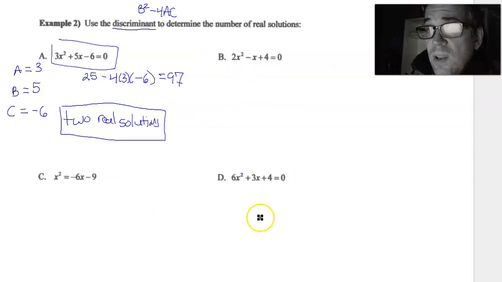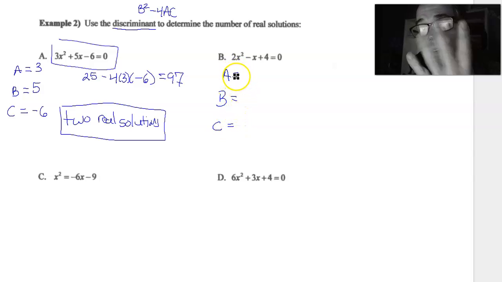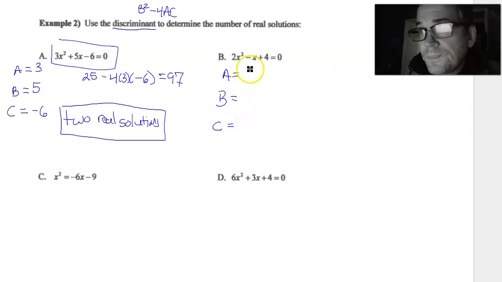And the remaining 3 examples are going to be more or less like this one. Letter B is pretty much the same. The value for a, b, and c is my first task. Please pause the video if you're still developing this skill. a is whatever's in front of x squared, b is what's in front of x, and c is what's off by itself.